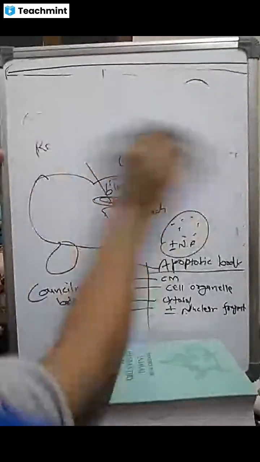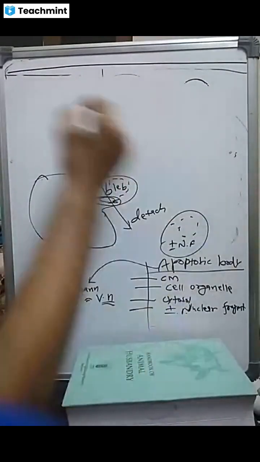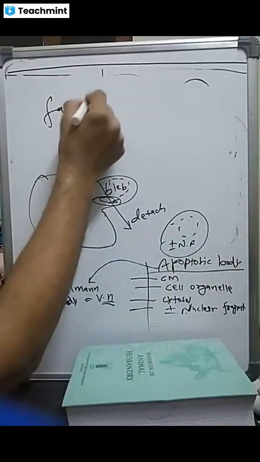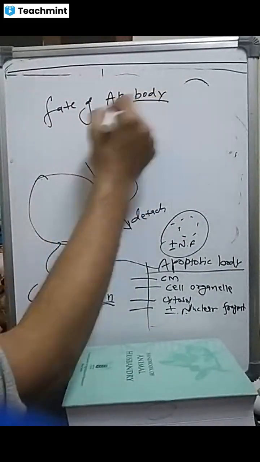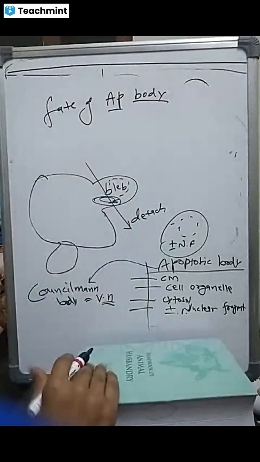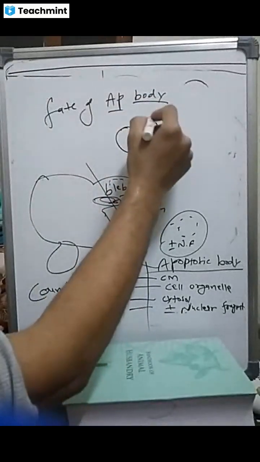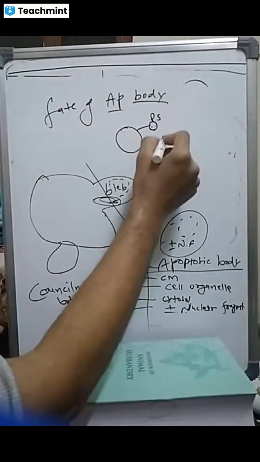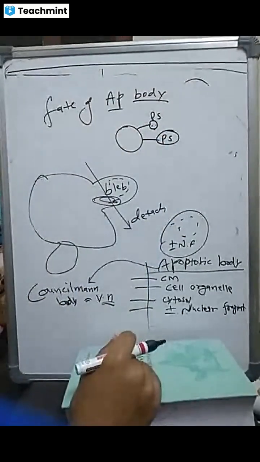So if this apoptotic body is formed, what is the fate of the apoptotic body? This apoptotic body also has phosphatidylserine, PS, on the surface.